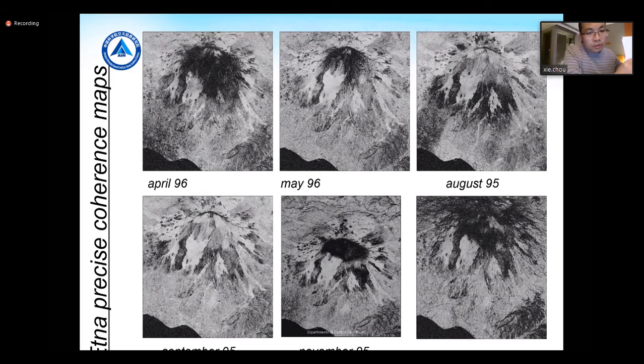Here, I would like to use Italy as an example to show the coherence maps obtained at different times.